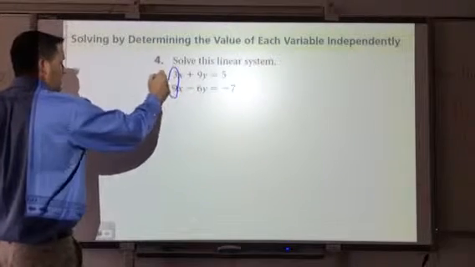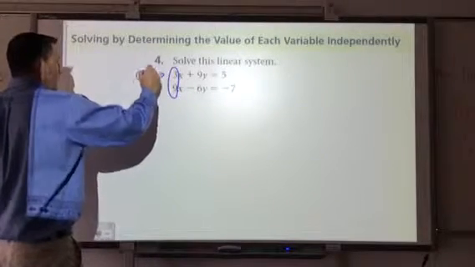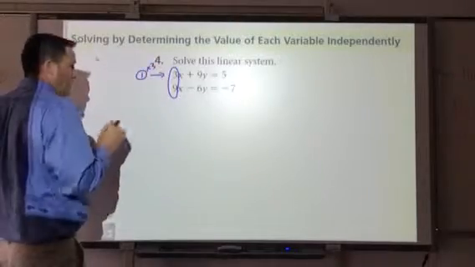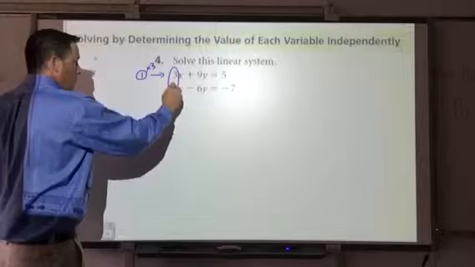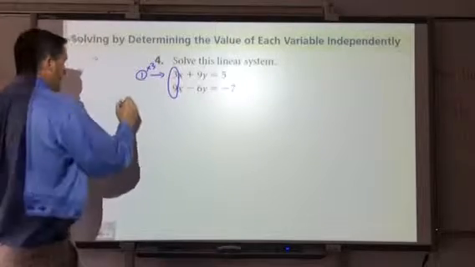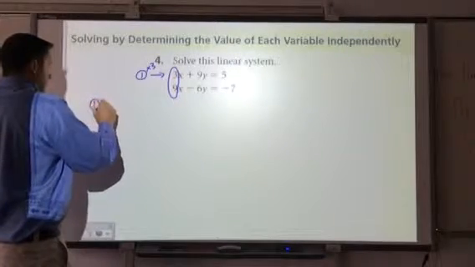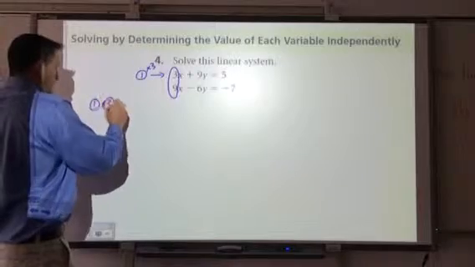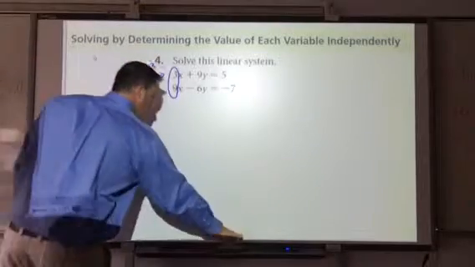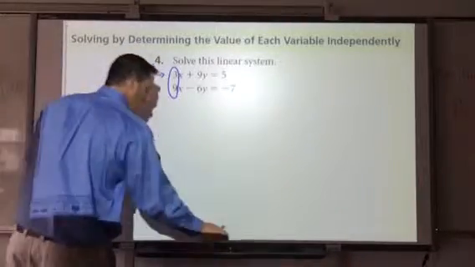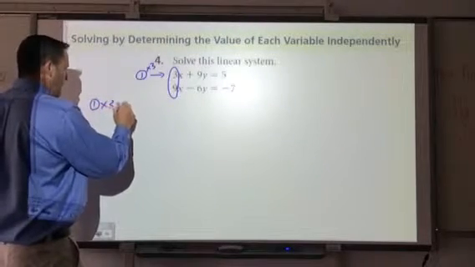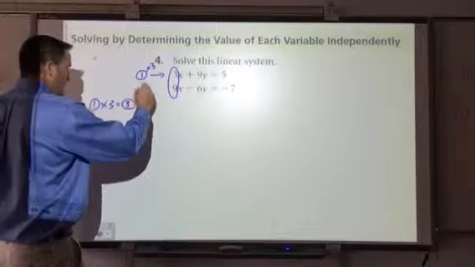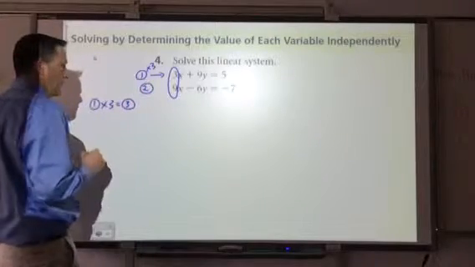If I take equation 1 and multiply it by 3, so everything in equation 1 is going to be multiplied by 3, then I'll have the same coefficient in front of my x's. Equation 1 times 3 will give me equation 3, because this is equation 2.